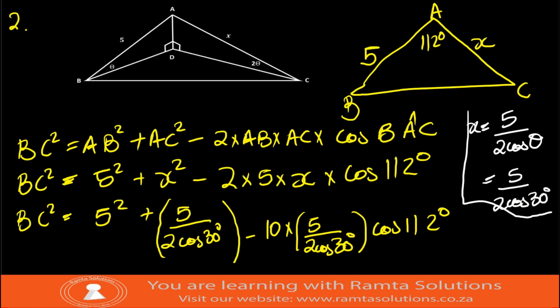Now, let's confirm this. Do not forget the square. So we have 5 squared plus, open bracket, 5 over 2 cos 30, close that bracket, square it, minus 10, open bracket, 5 over 2 cos 30, close that bracket, cos 112. What do we have?